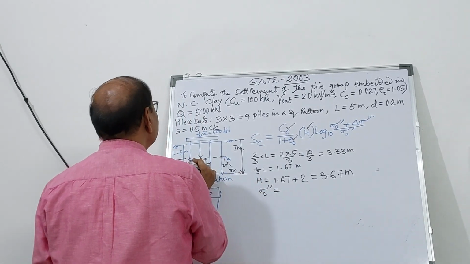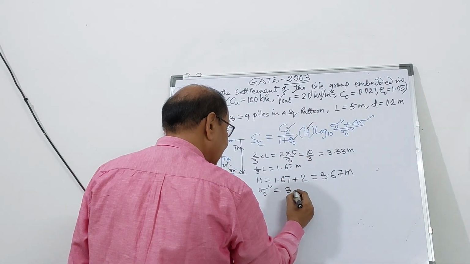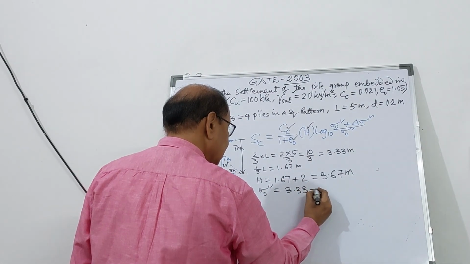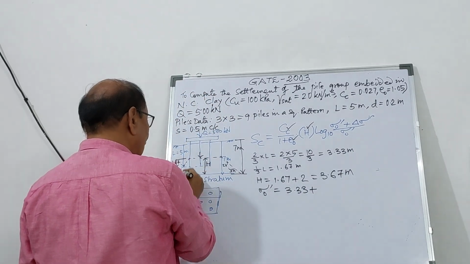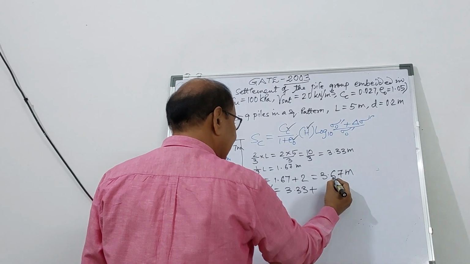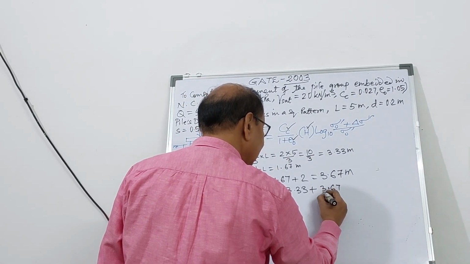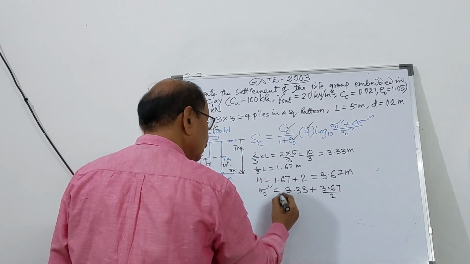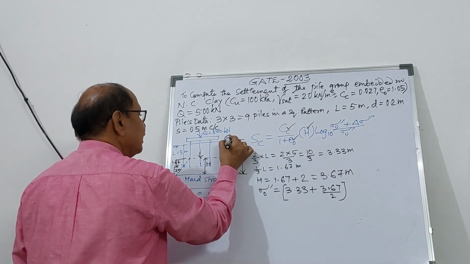So the distance will be 3.33 plus, at the midpoint, H by 2, that is 3.67 divided by 2. So that is the distance from the ground level, from GL.